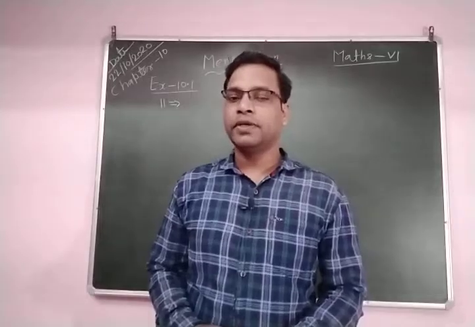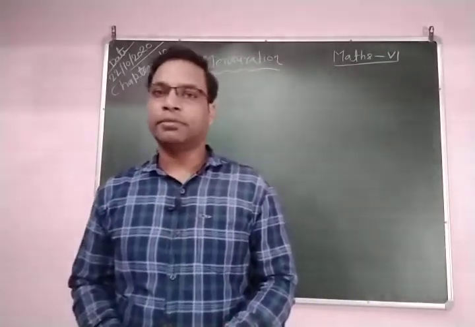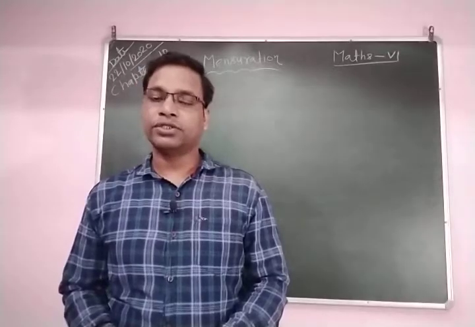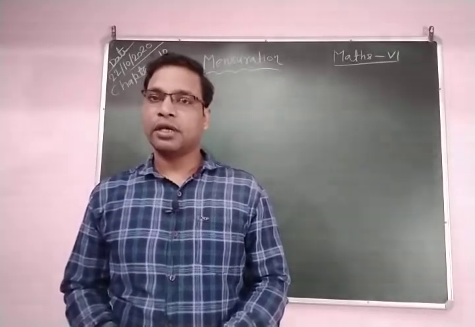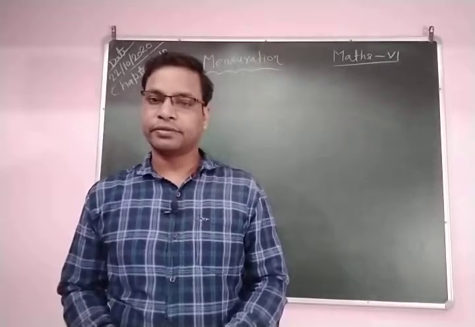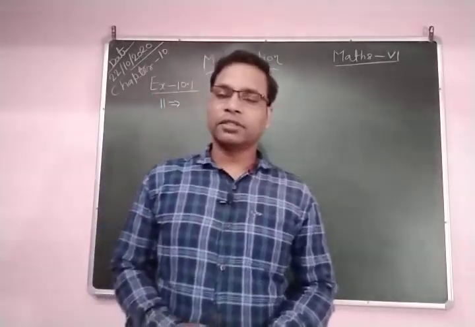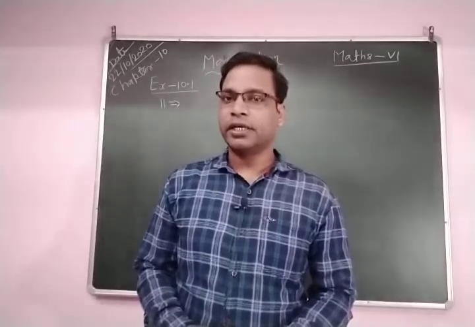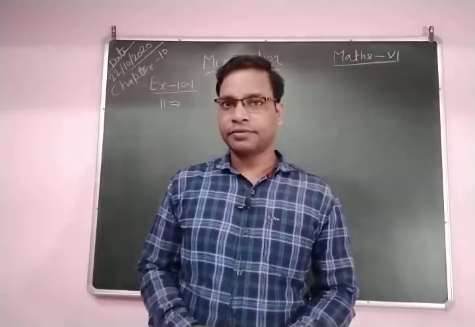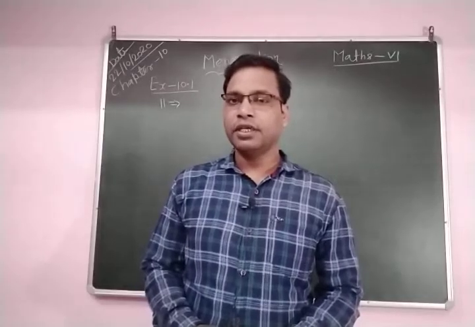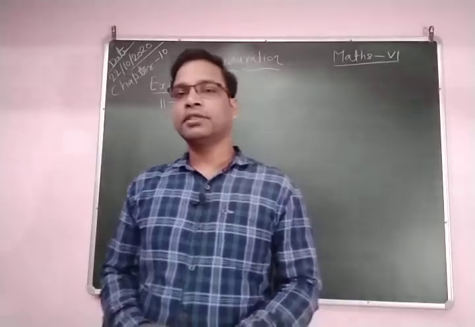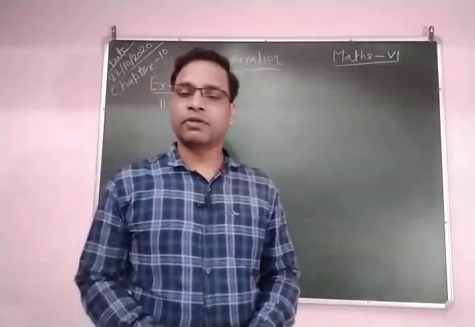Okay, so here the length of the string is given, and this string is used to form a square, an equilateral triangle and a regular hexagon. A square has four sides, all sides equal. An equilateral triangle has three equal sides, and a regular hexagon has six equal sides.